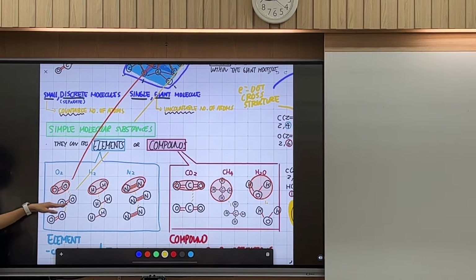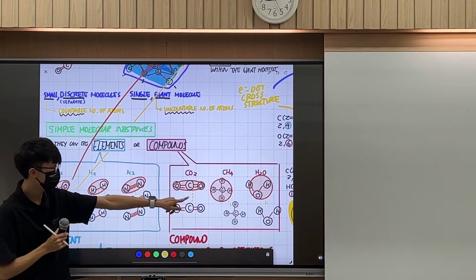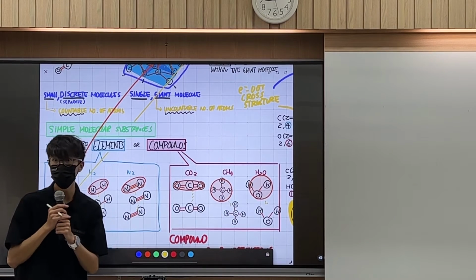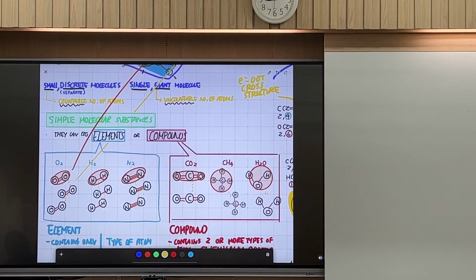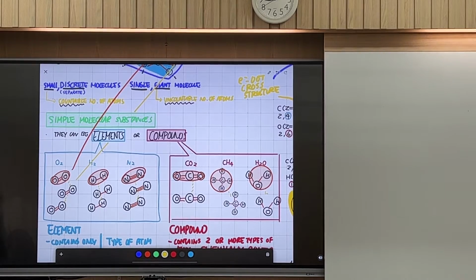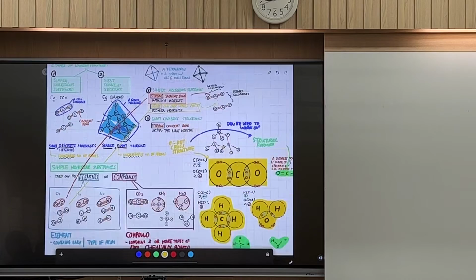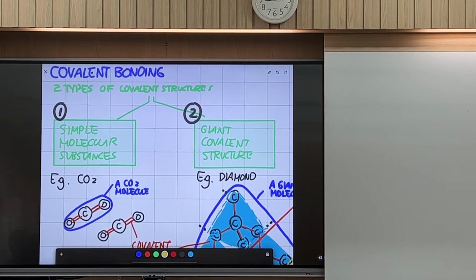But between molecules, between this and that, this and this, or any other example for that matter, there's always weak van der Waals force. This is a very, very important concept. It goes beyond elements. It's not just the elements, they have this feature, but the compounds, as long as they are simple molecular substances. On the next page, we look at another class of covalent bonded substance. What is the other class? Giant covalent structures.